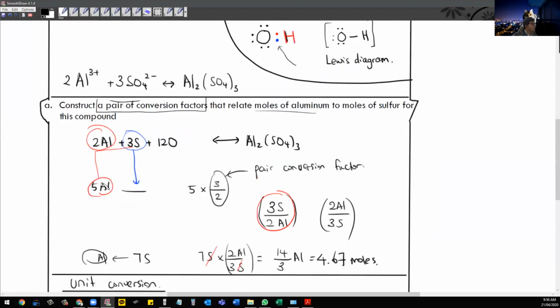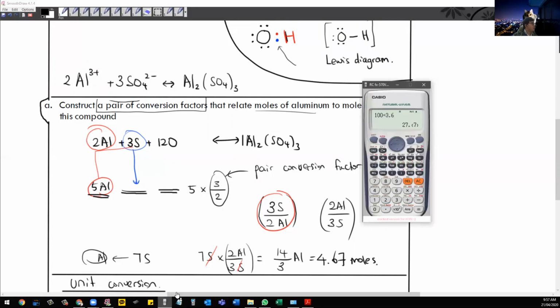The technique that I told you before: if the ratio is 2, 3, 12, 1, and you have 5 aluminium, if you want to know how many sulfur you need, how many oxygen you need, I told you to just divide by that times by this, right?